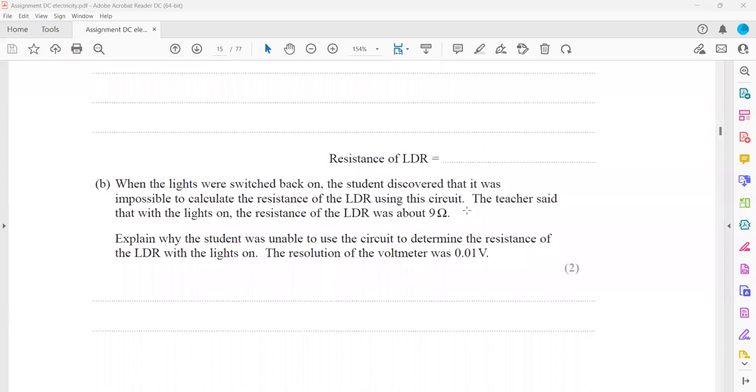The resolution of a voltmeter is 0.01. This is the smallest value which a voltmeter can record. So first we'll find what the voltage across the fixed resistor will be if the lights are on.